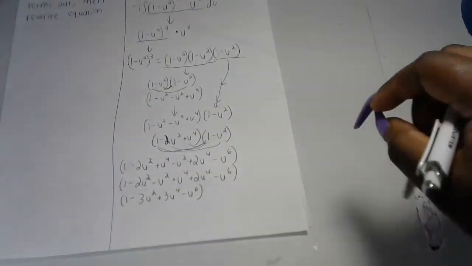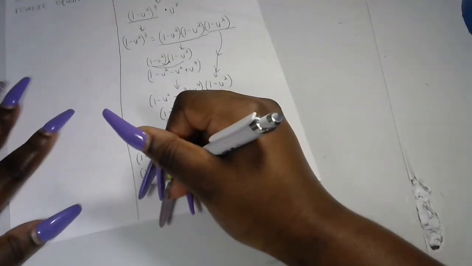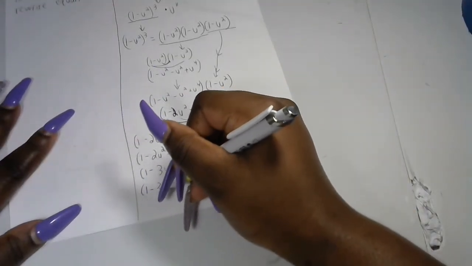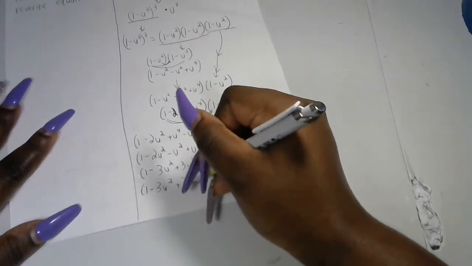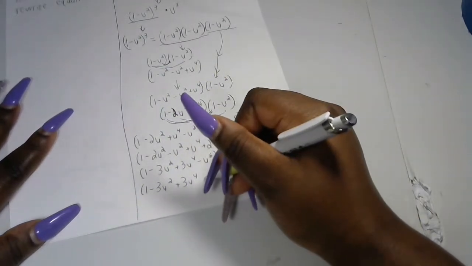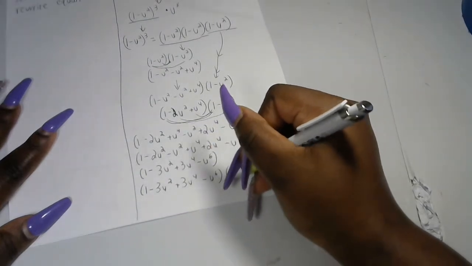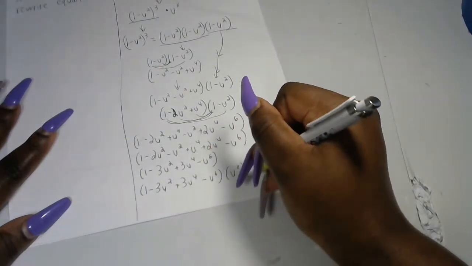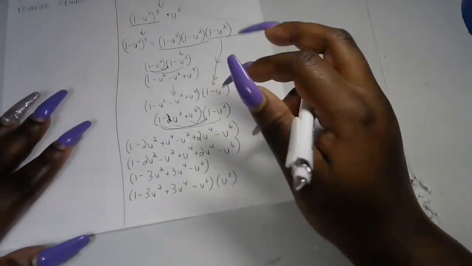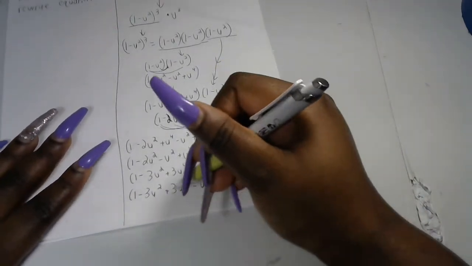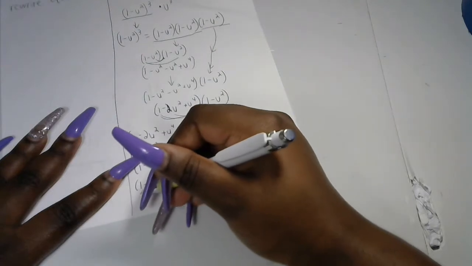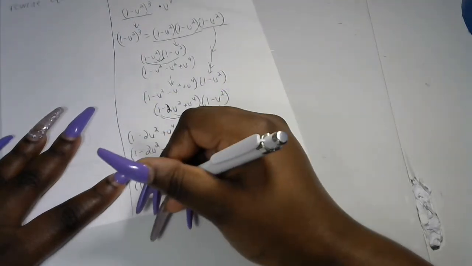So now what we can do is 1 minus 3u squared plus 3u to the 4th minus u to the 6th times u to the 8th. Okay, so now let's multiply all this out. Let's just distribute it. So 1 times u to the 8th is just u to the 8th.